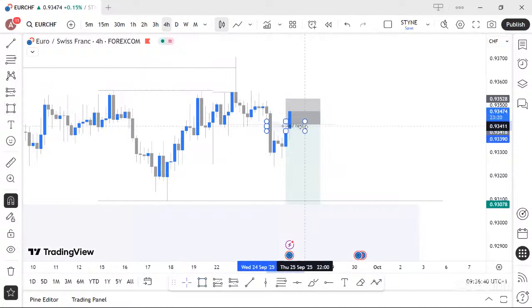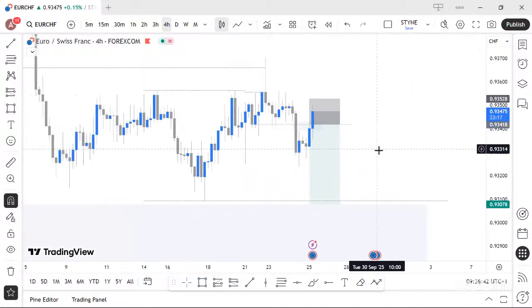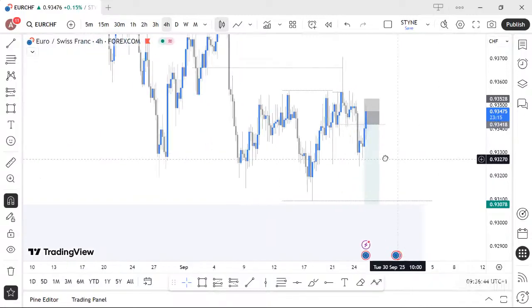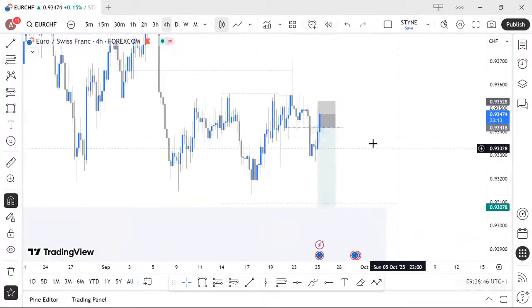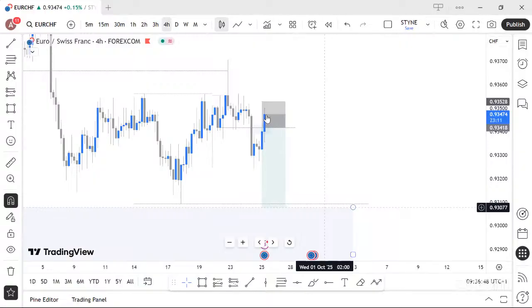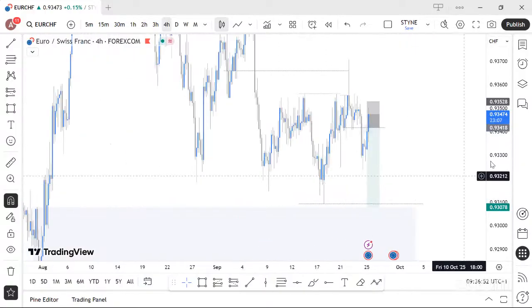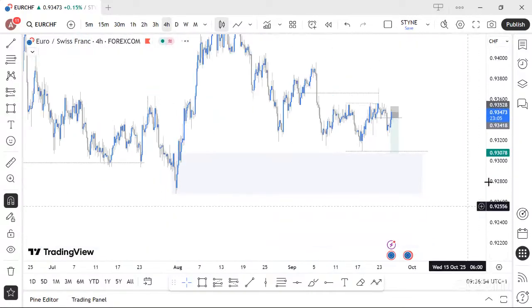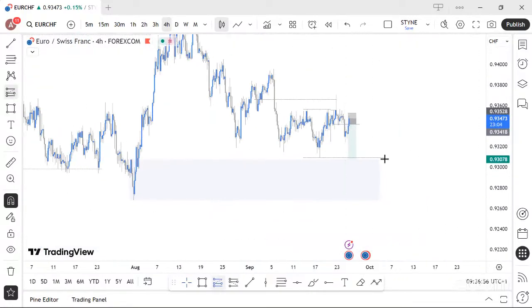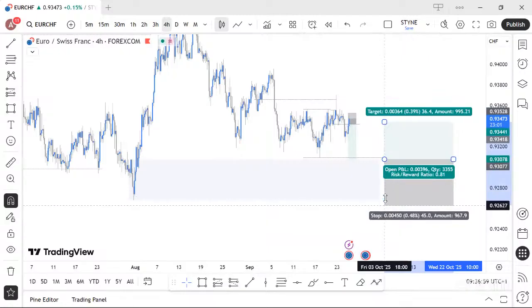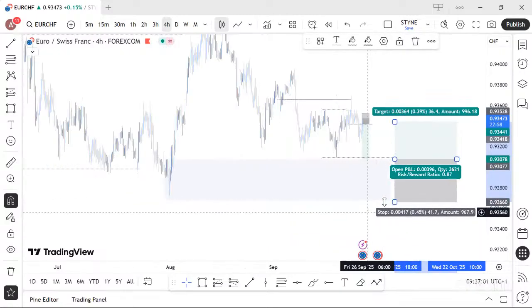There's a strong fair value gap here, so I expect price to fall from here. When price falls from here and touches this, our entry, then we can remember that we have a buy possibility from Euro CHF from classes back.